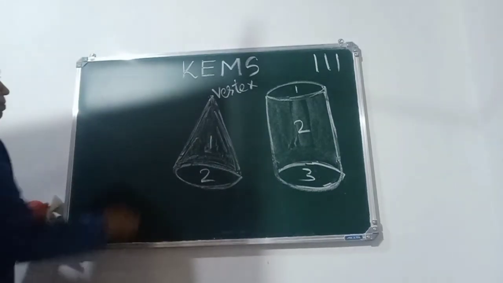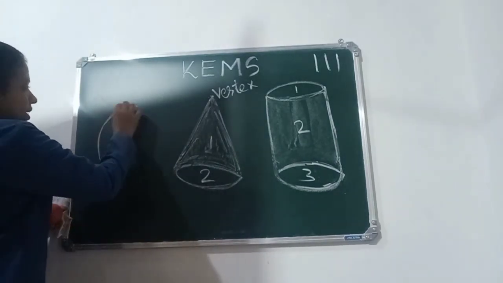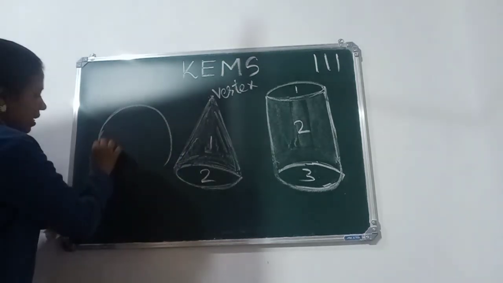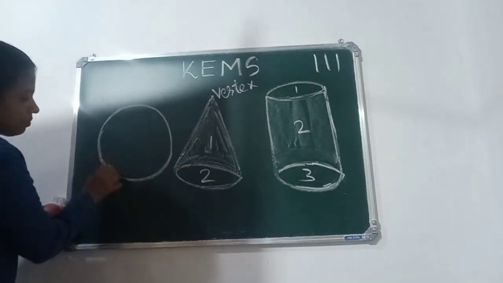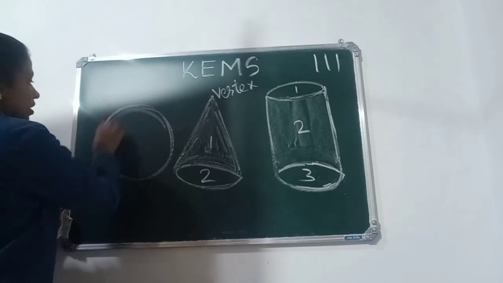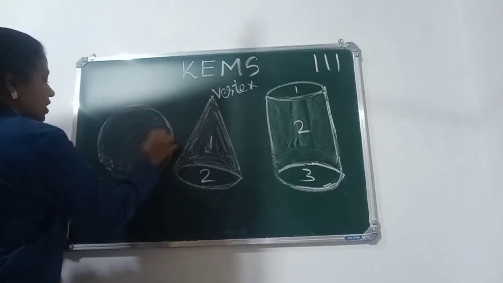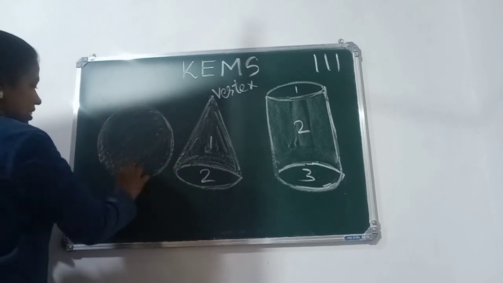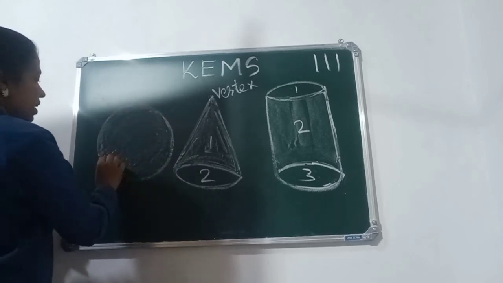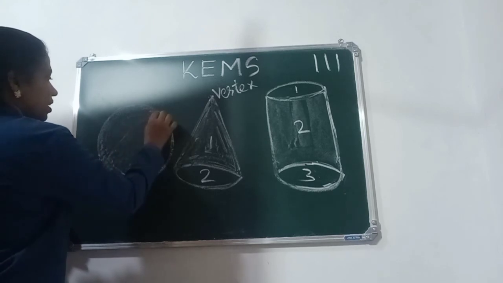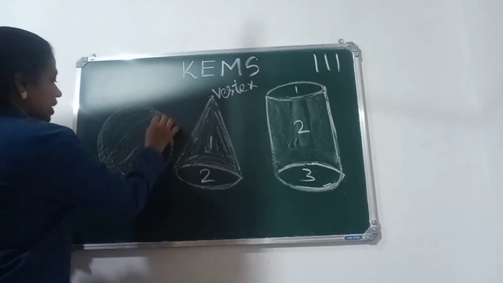You can draw a sphere like a ball. So this is the shape of a sphere. It has some thickness. Okay, when we cut the sphere anywhere, we will get two pieces.